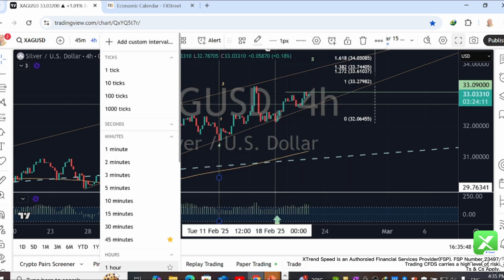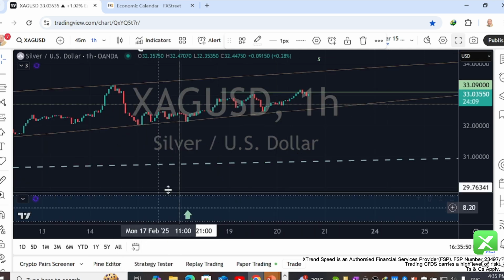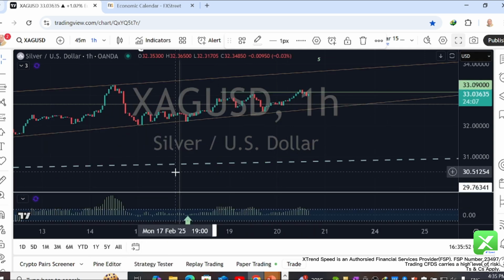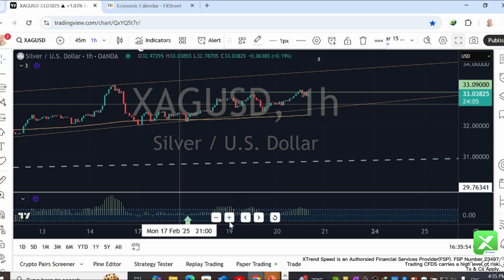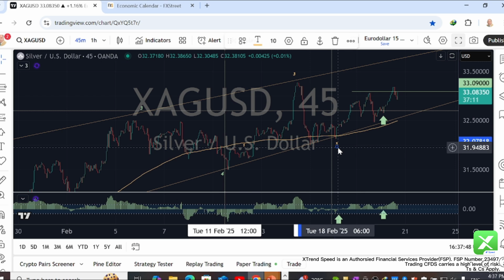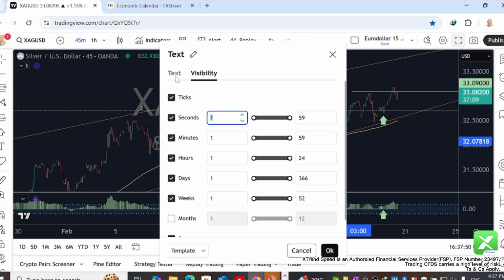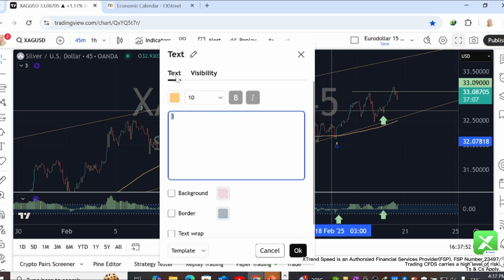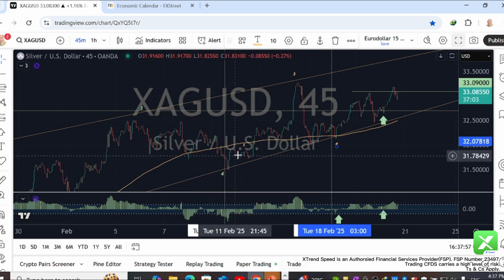So let's take it now gradually to smaller structures. I'm looking at 1 hour. Bear with us a second. So this is correct.